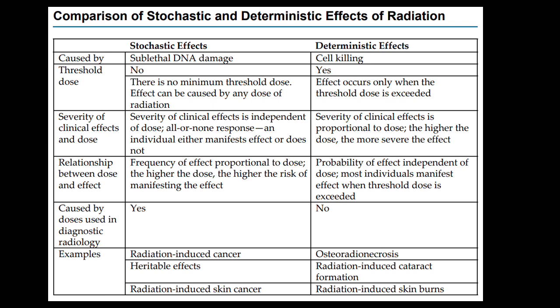Whereas for stochastic effects, even in diagnostic radiology that amount of radiation is enough to produce them, wherein there is sublethal DNA damage. Examples are radiation induced cancer, heritable effects, and skin cancer, more so.